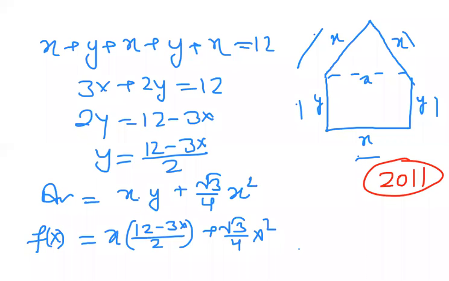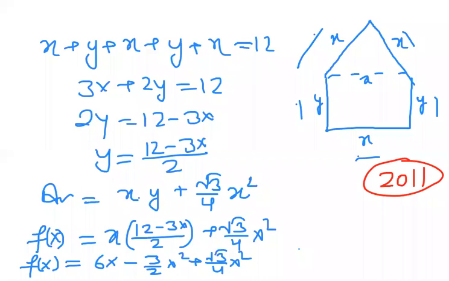After making function of x, now nothing is tough. It's almost a simple thing. One more step I'm taking here, then we'll be going to the next sheet. 6x minus 3 by 2 x square plus √3 by 4 x square.